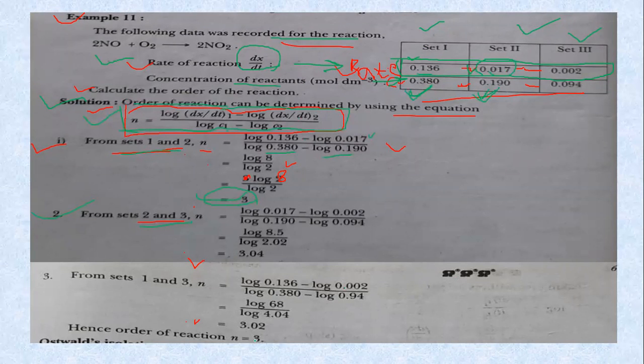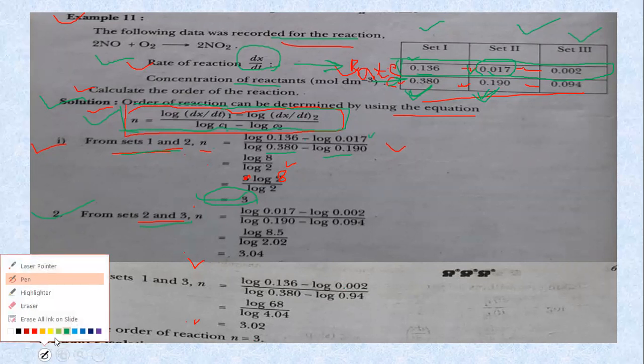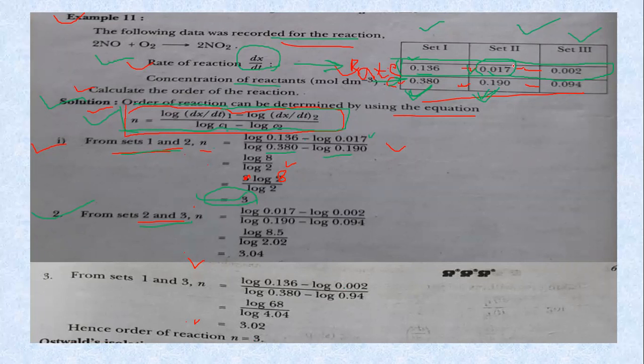You are taking log of this minus log of this upon log of this value minus log of this value. Again that answer comes 3.